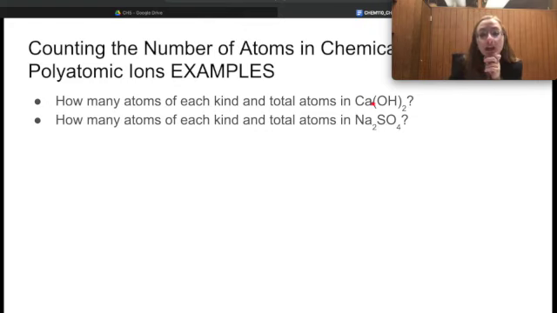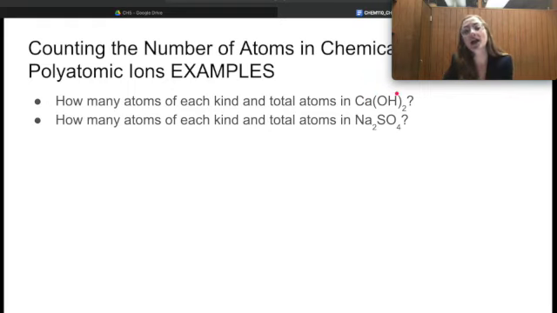If I want to know how many oxygen atoms I have, I have to think about the fact that my oxygen is inside the parentheses, which tell me I have 2 whole copies of the hydroxide ion. If each hydroxide has 1 oxygen, and I have 2 hydroxides, I must have 2 oxygens. So 2 oxygen atoms, 1 calcium atom.